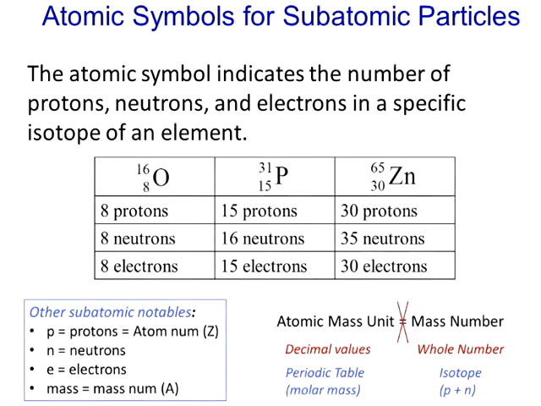The neutrons will vary. Notice in each of these examples, the protons and electrons are exactly the same, but the neutrons are different. Therefore, if you add the neutrons and protons, you'll get the mass number shown at the top of each of these elements.